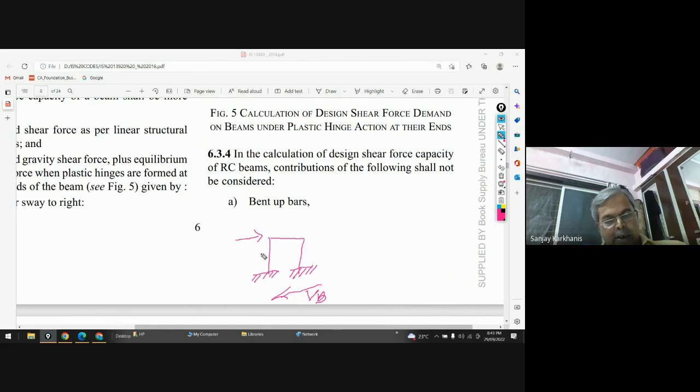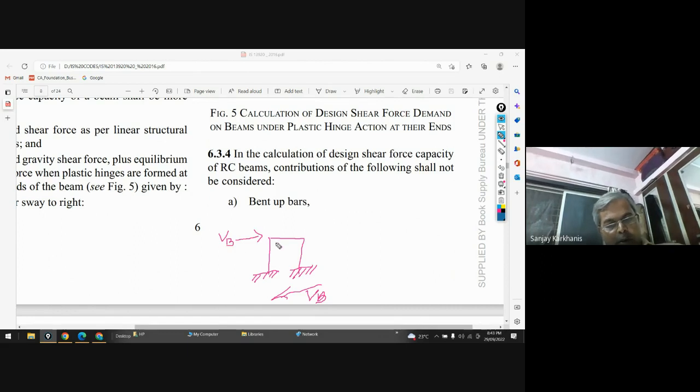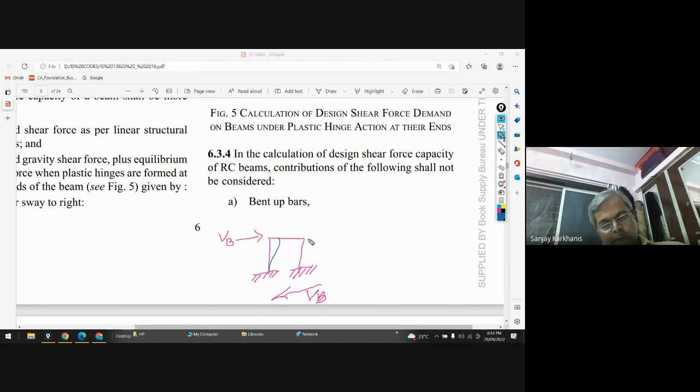And as it is a single story, this will be base shear. Clear? यहाँ तक clear हुआ क्या? Yes, sir.